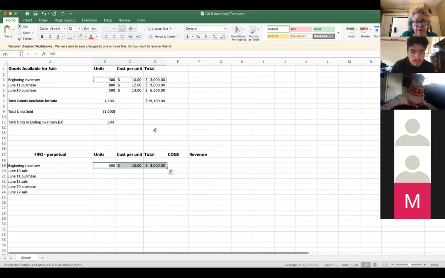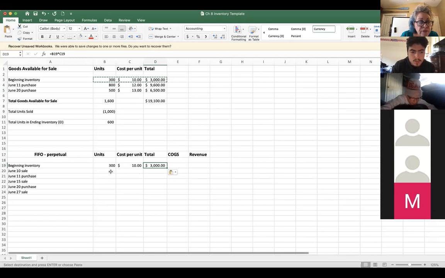You can copy and paste or create it on your worksheet. Did I have these headings? Yes. Oh, okay, good. So we had beginning inventory of 300 units at $10 a share, which is a total cost of $3,000.